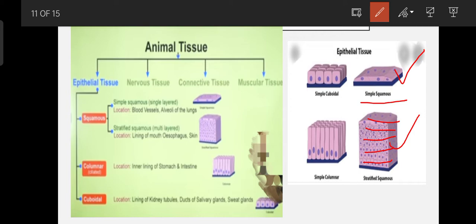Next one is columnar epithelial tissue. Columnar epithelial tissue is composed of a single layer of column-like cells. You can see in this picture single column-like cells.